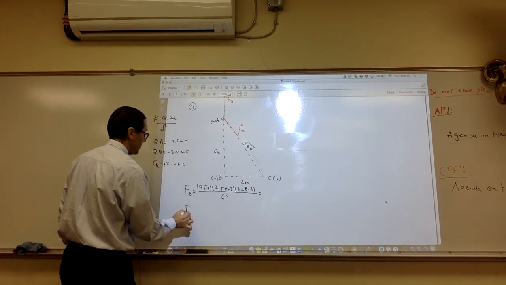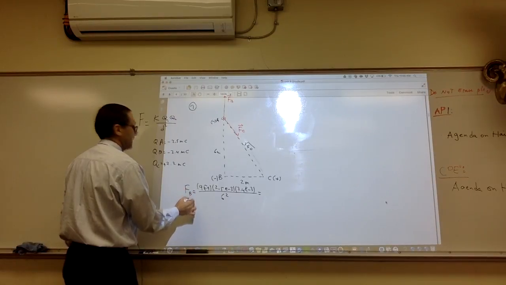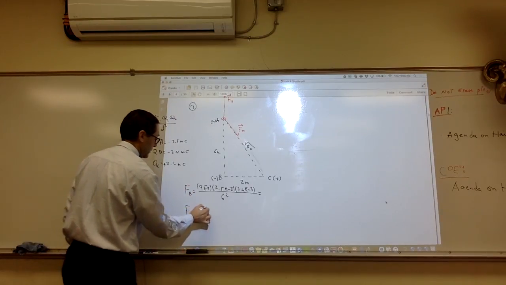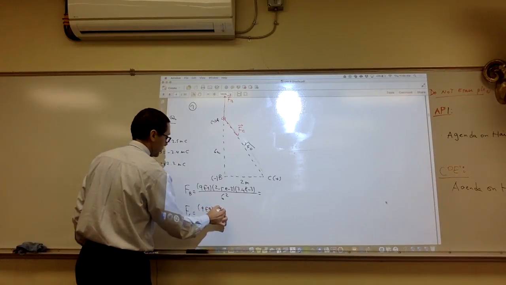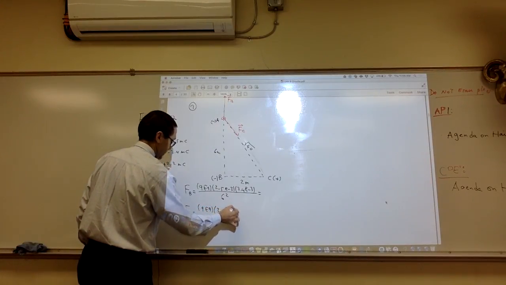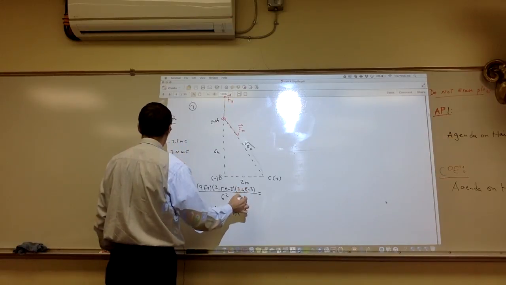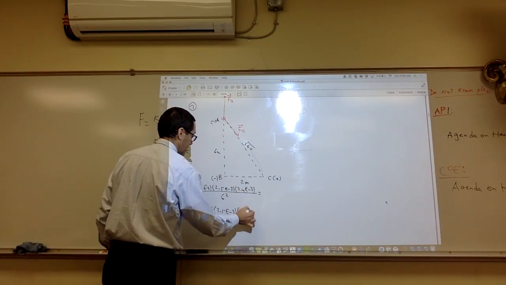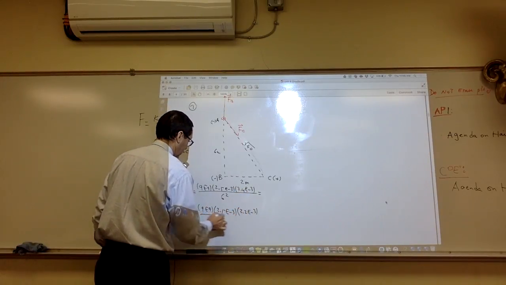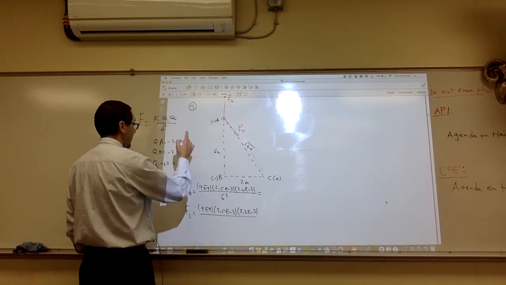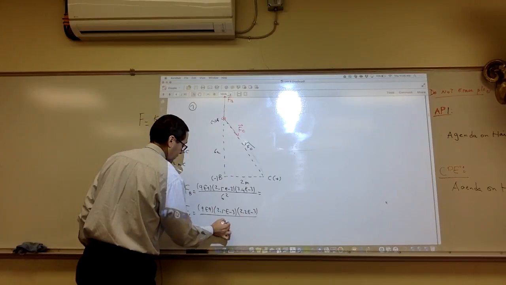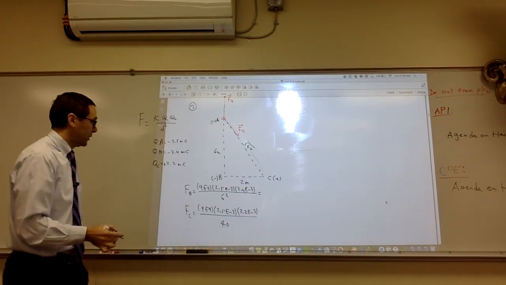Then we're going to do FC, which is 9 times 10 to the 9 times the charge of A, which is 2.5 times 10 to the negative 3, times the charge of C, which is 2.2 times 10 to the negative 3, over the distance that separates A and C squared. So I think if I do the square root of 40 squared, I get 40.